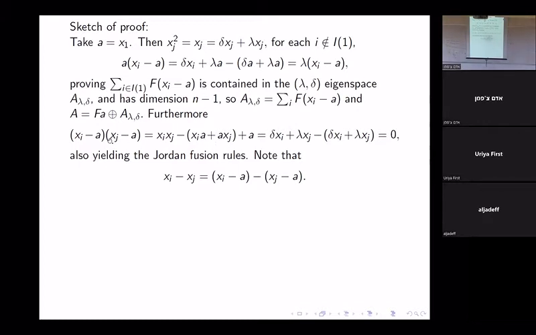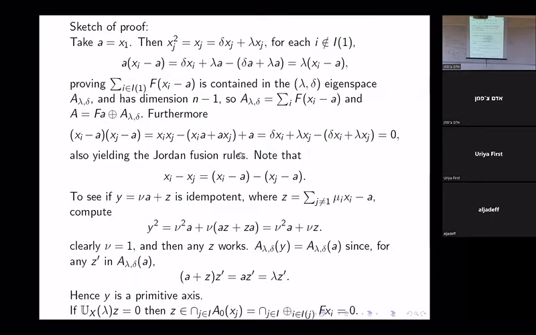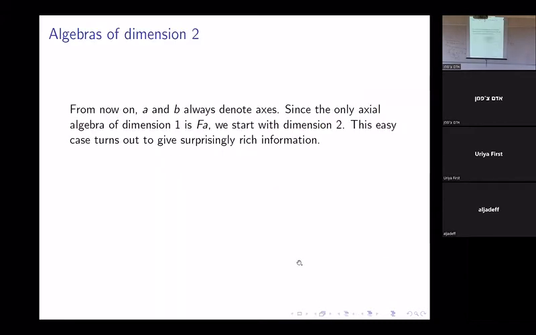And you see, this proves it's square zero. And since it's square zero, you get the Jordan fusion rules, because you can't wind up with a non-zero eigenspace when you take the product of those two. Okay. And then I checked when the elements are idempotent, and you can see that, work it out with the axes.